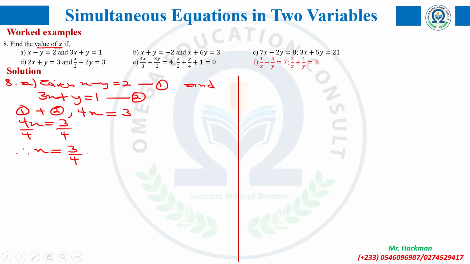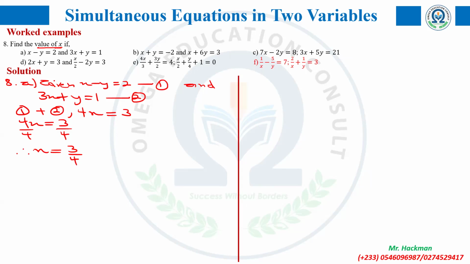Somebody who is not privy to this might go and find x, then go and find y, or even proceed after finding x to find y. But we are not interested in the value of y. After finding x, you are supposed to stop there and draw your conclusion as such.